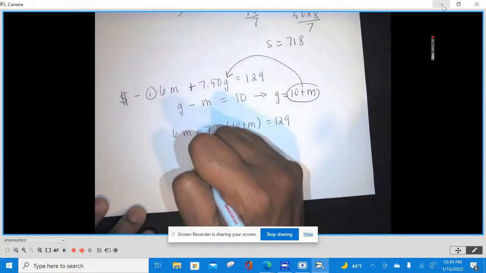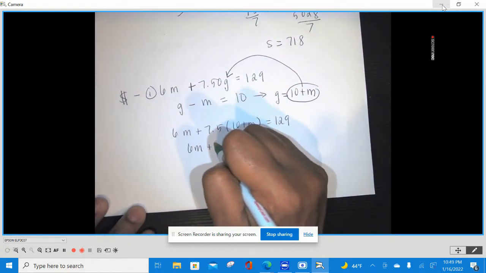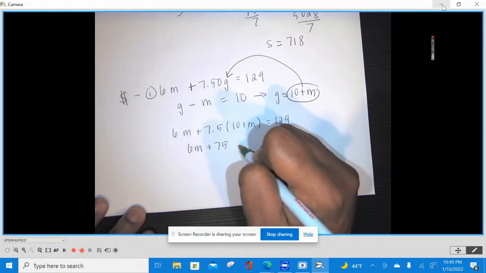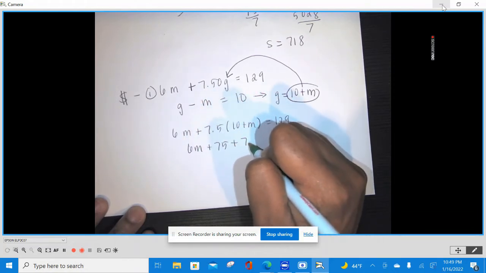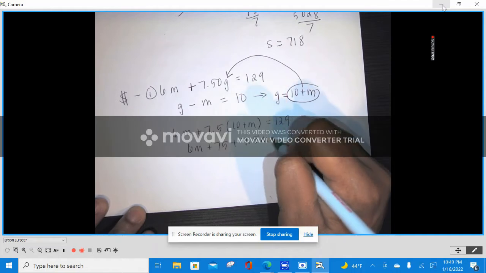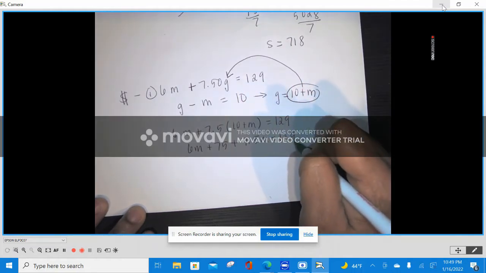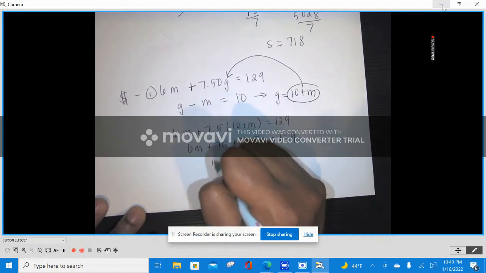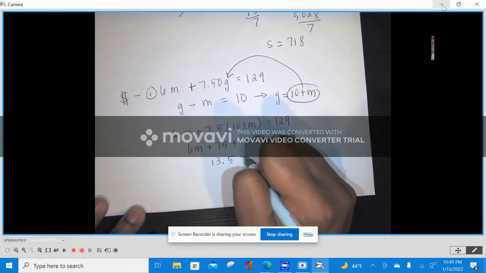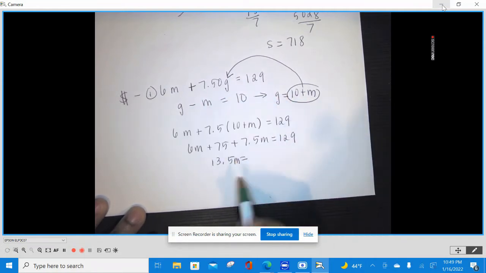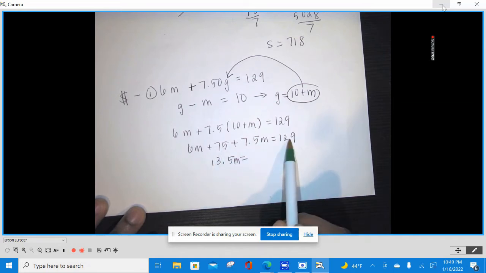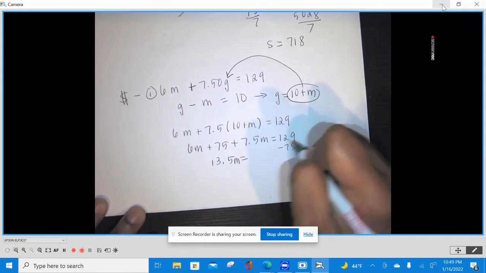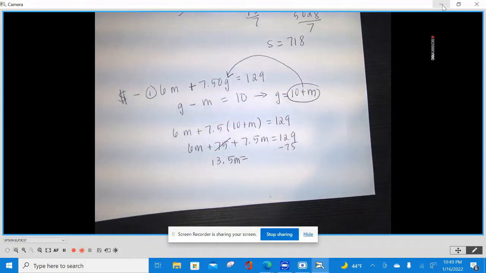All right, so we got 6m plus 75 plus 7.5m equals 129. If you combine like terms, that's 13.5m. And then I'm going to go ahead and subtract 75 over to this side. For the sake of time, I'm moving a little bit quicker.